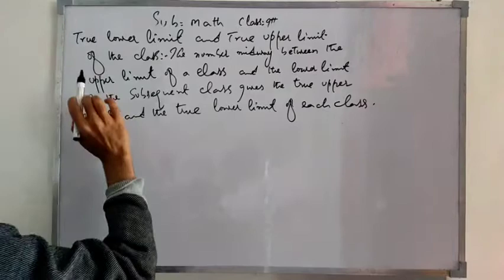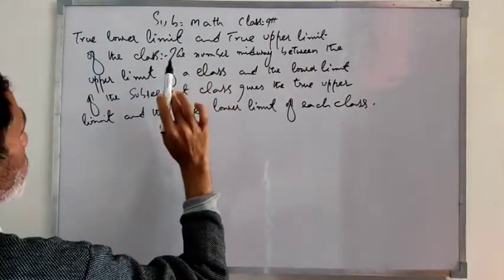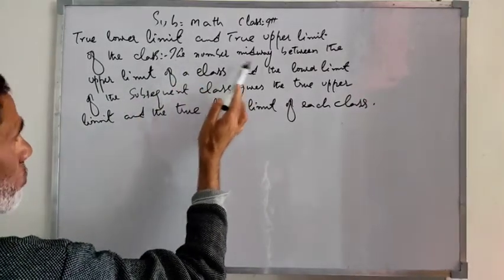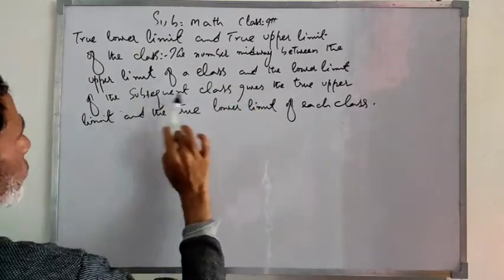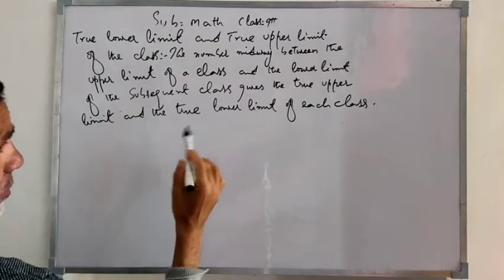Now we will explain the true lower limit and true upper limit of each class. The number midway between the upper limit of a class and the lower limit of the subsequent class gives the true upper limit and the true lower limit of each class.